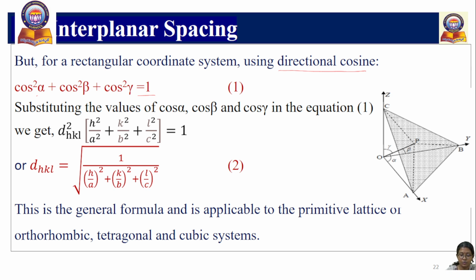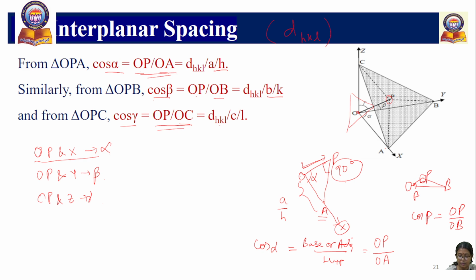If we substitute the values, d by A by H we can write as h d by a, this one as k d by b, and this one as l d by c. So cos square alpha plus cos square beta plus cos square gamma equals 1.